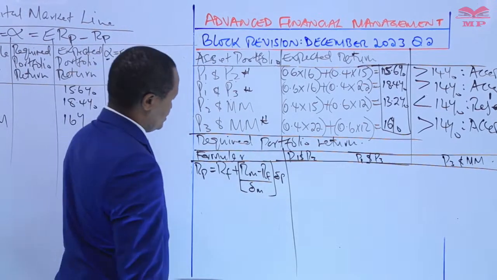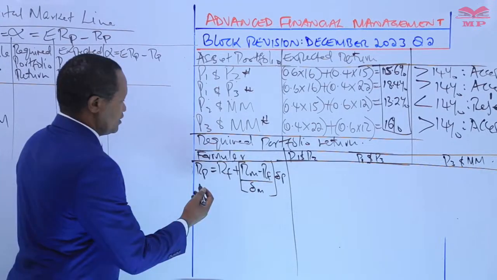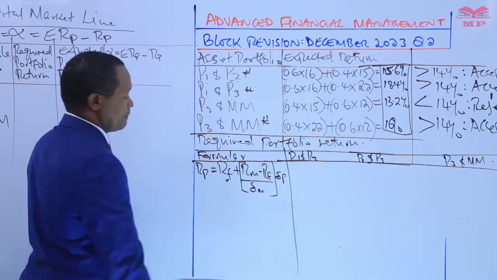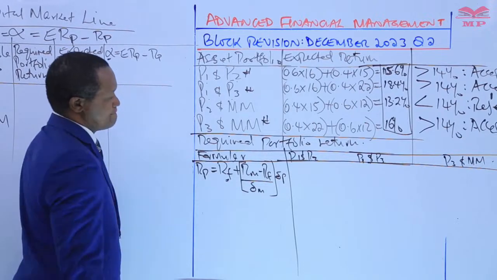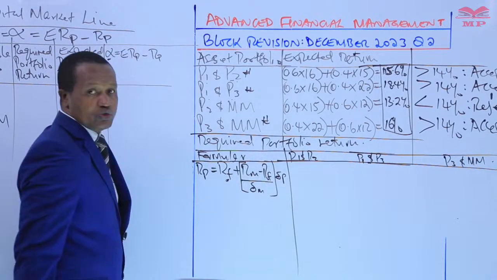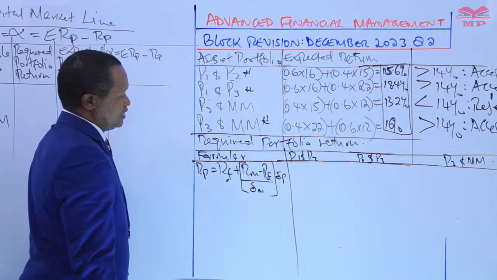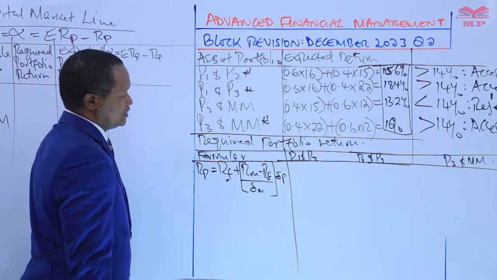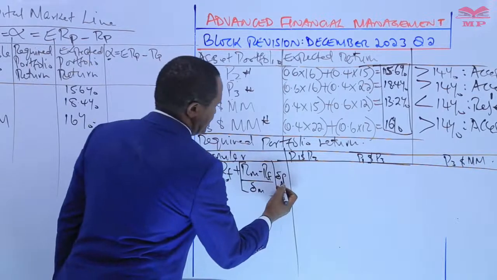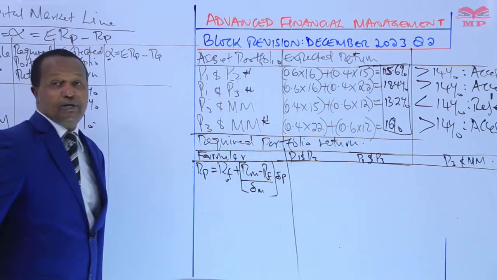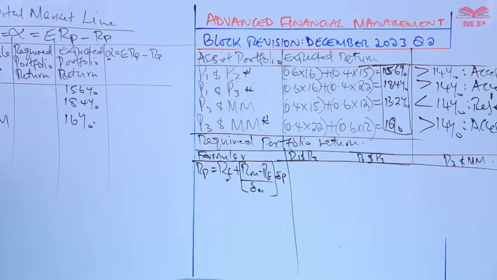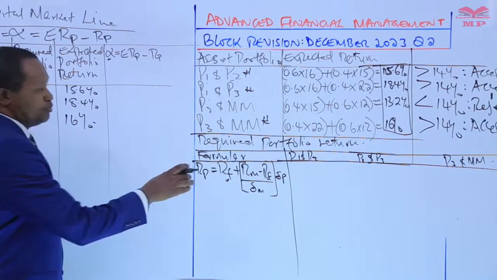All right. So candidates, we have the risk-free rate from the question. What we do not have is the standard deviation for the market and the standard deviation for the portfolio. These two variables, we need to work them out. Do you understand? So first of all, you put down the formula.